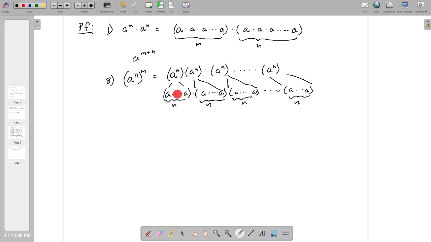So I have n here, n here, n here, and n here. In total, I have m groups. So there's m groups of n. Which, if you remember your multiplication from elementary school, that's basically the definition of multiplication. So this becomes a to the n times m, or m times n.